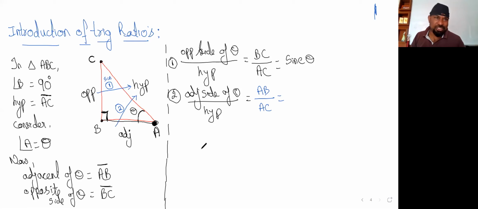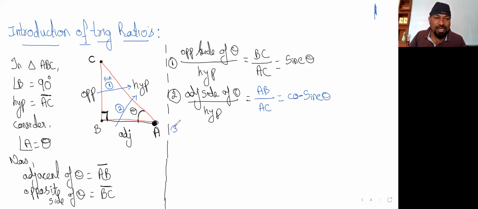What is the second relation? We call it as cosine theta. This is the second relation. First one we are calling it as sine theta. Second one we are calling it as cosine theta. That is the second one.